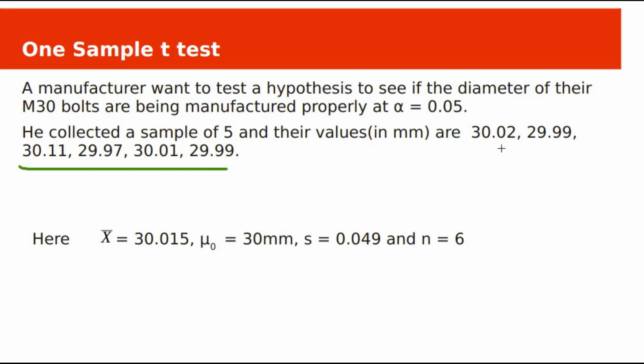Here we have raw data, we need to calculate the sample mean. If you calculate the sample mean of these 6 values it will be 30.015, that is the x bar, and the standard deviation for these 6 values is 0.049. From the given data, mu naught is 30 mm and sample size is 6.